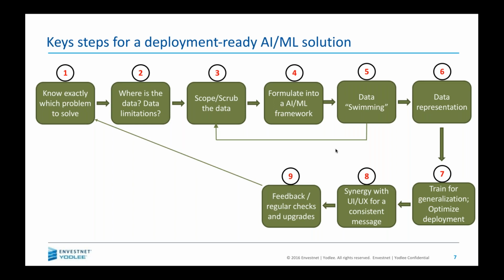The fourth step, which is where I'll spend a lot of the time today, is you have to now formulate the problem in the context of the data in such a way that one of the existing ML frameworks can be utilized. And this is by far the most difficult thing to do.